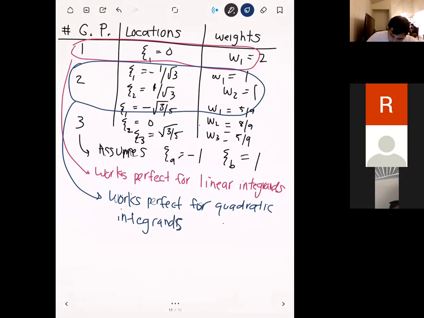That's the next most common case in finite elements, where you use a quadratic shape function. Let's do an example to see this in action on the next page. Before we do that, are there any questions on this?